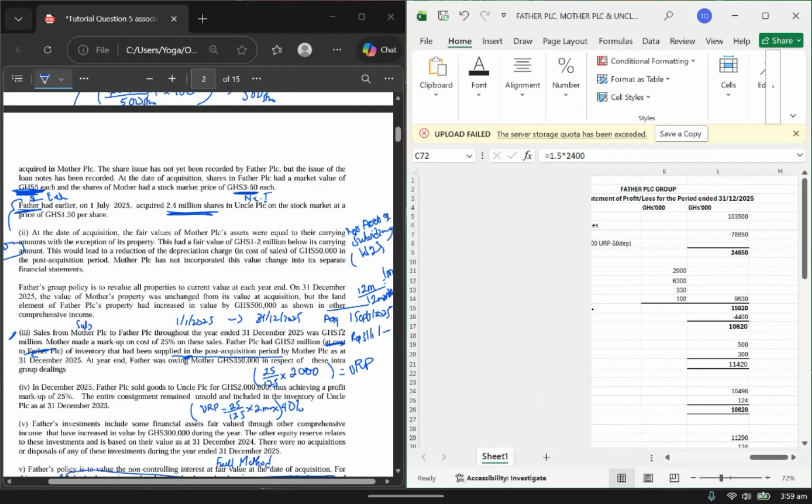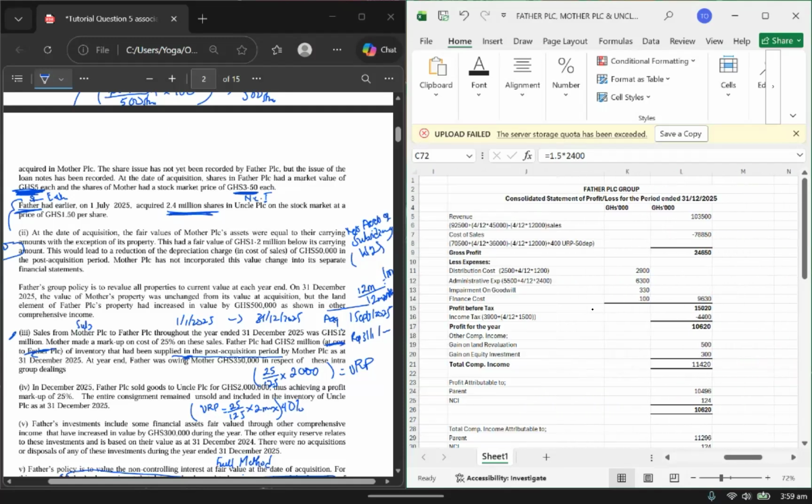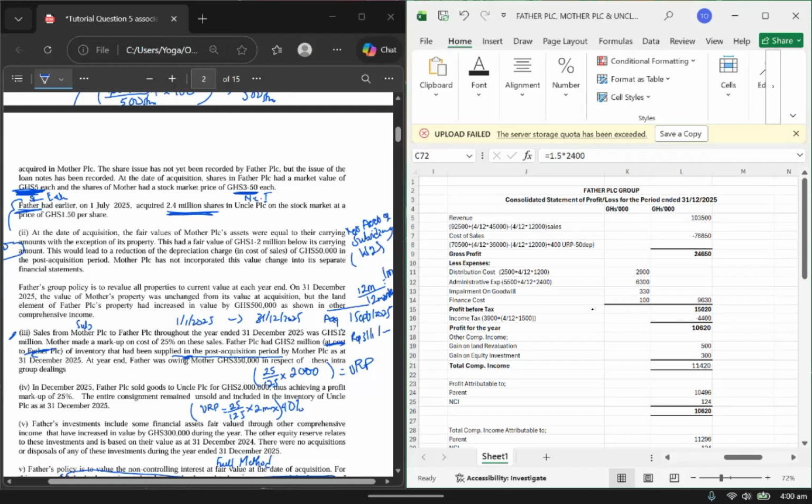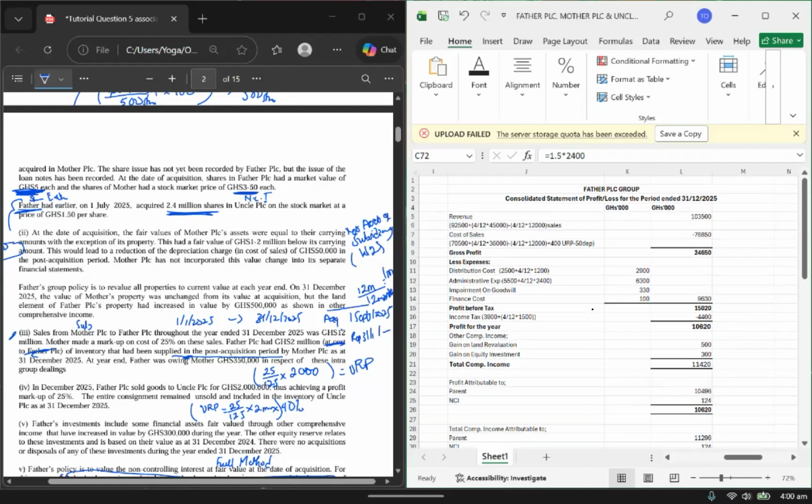So if you are lucky and you get the Excel file, you use that to check.